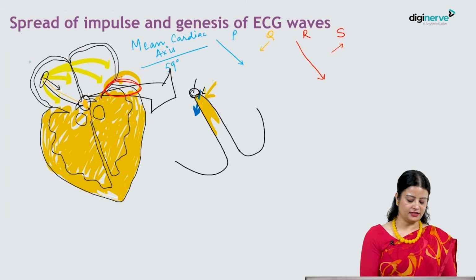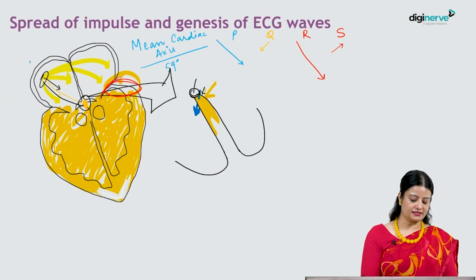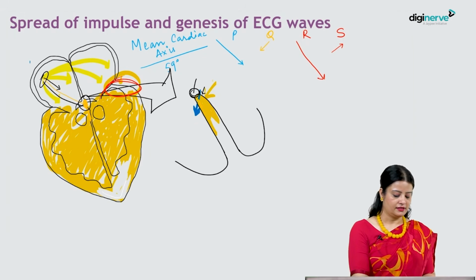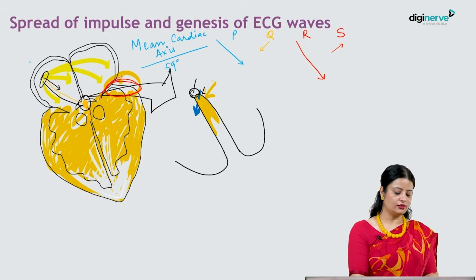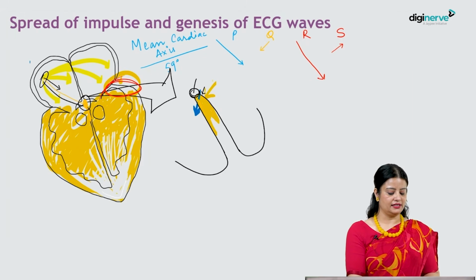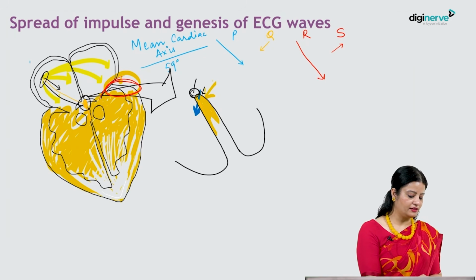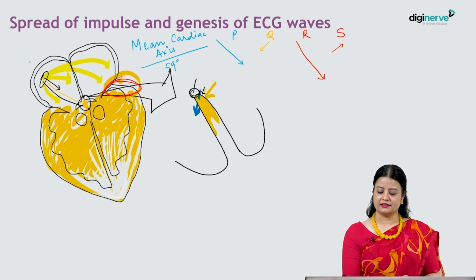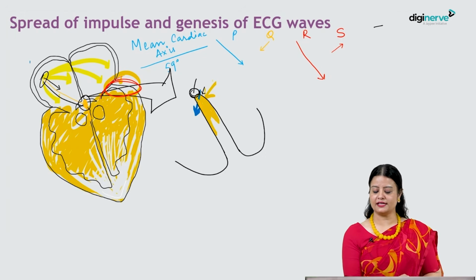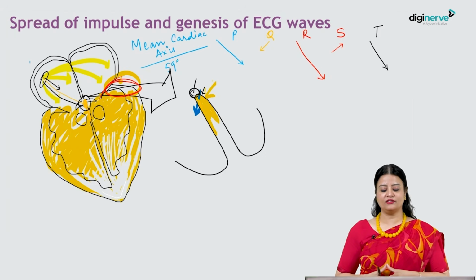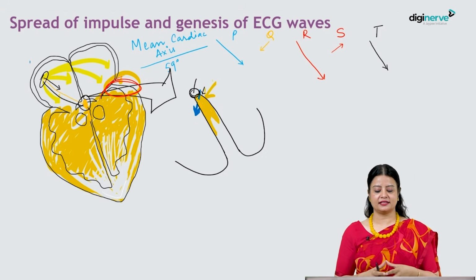The first part to get repolarized is the apex, and hence slowly and slowly the entire ventricle gets repolarized, and the wave of repolarization is the T wave, again facing in the direction of the mean cardiac axis.